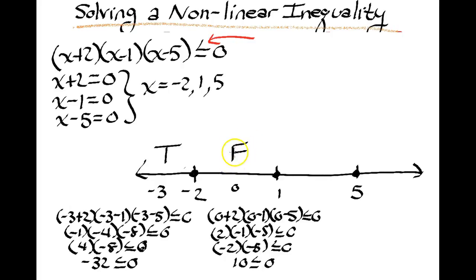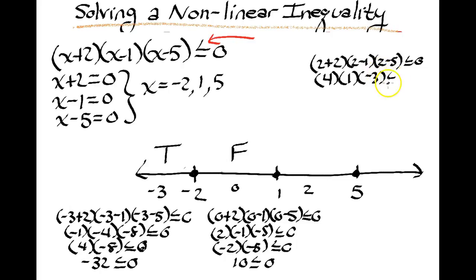That is false. Let's pick one from this middle region right here. Let's pick 2. I'm going to work above my line this time. 2 plus 2, 2 minus 1, 2 minus 5 is less than or equal to 0. I get a 4 times 1 times a -3. That gives me a -12. Is -12 less than or equal to 0? It is.